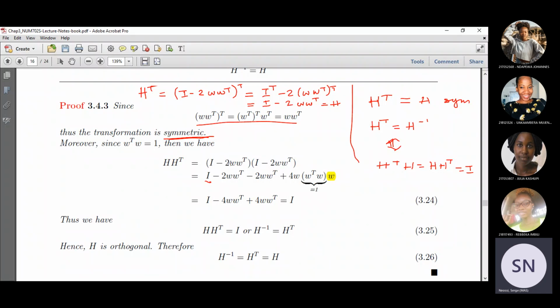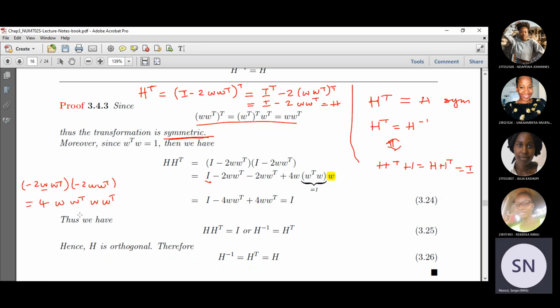Now we multiply negative 2 W W transpose by itself here. So that would be 4, because of the negative, W W transpose W W transpose. Now we can take the 4 there, and then we are left with W, and then W transpose, and then W W transpose.